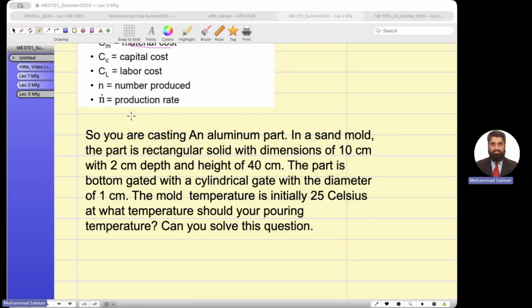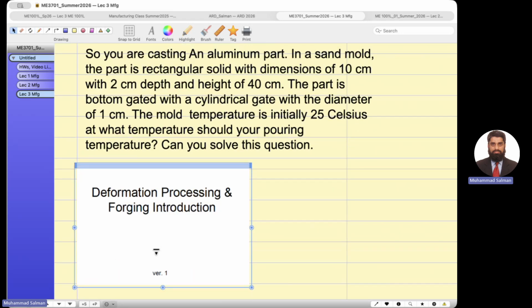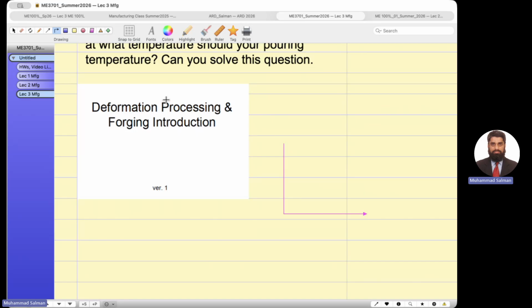So I think you have access to these slides, the deformation process. Everything is happening inside the plastic region. Plastic stress strain curve. Everything is happening after the yielding point. So here and here.